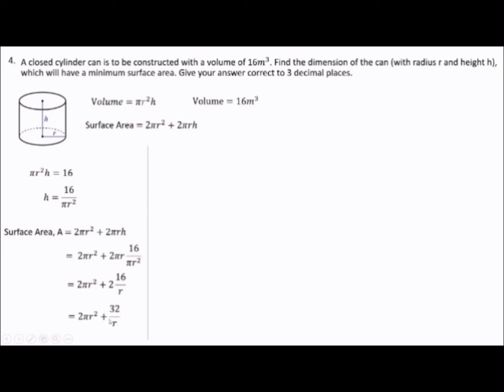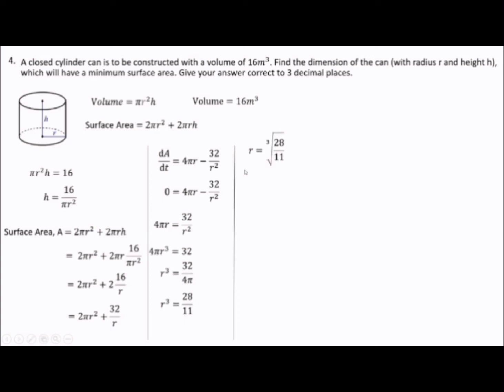Differentiate it, and it becomes 4 pi r minus 32 over r square. dA over dr equals 0. Then calculate it until we get the value of r. The answer wants to be correct to 3 decimal places, which is 1.365 meter for radius.